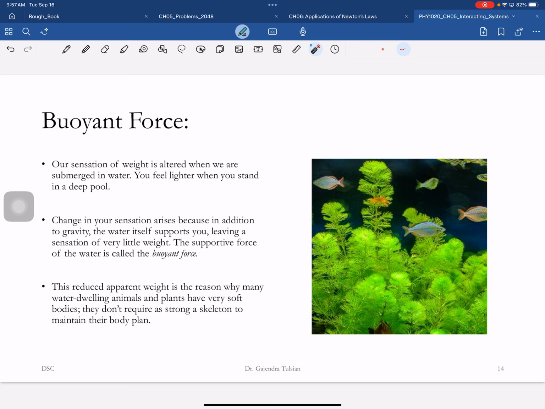You feel lighter when you stand in a deep pool. That's because of the buoyant force. The change in your sensation arises because, in addition to gravity, you have the buoyant force. The reduced apparent weight is the reason why many water-dwelling animals have soft bodies, so they don't have to be structurally as strong.